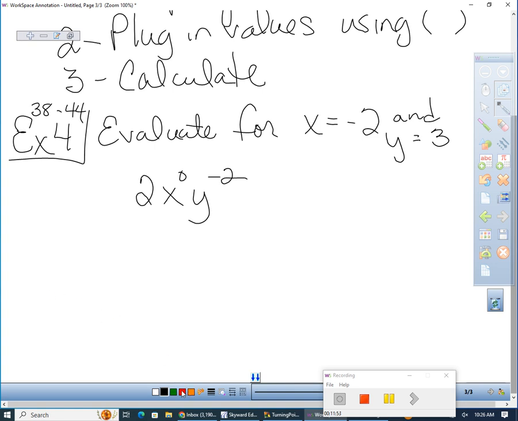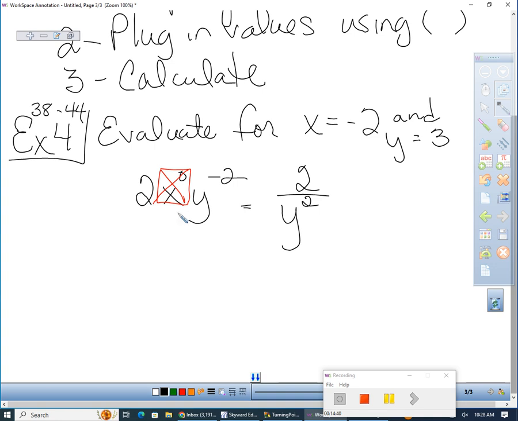So first we start by getting rid of the x to the 0 power. If we simplify that, that becomes 1 and it's gone. What else has to move? Yeah, so we're going to have 2 on top and y to the what exponent on the bottom? Good, positive 2. Now that it's simplified, now we can plug in our value.